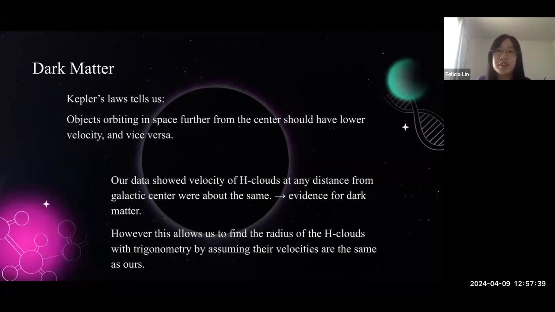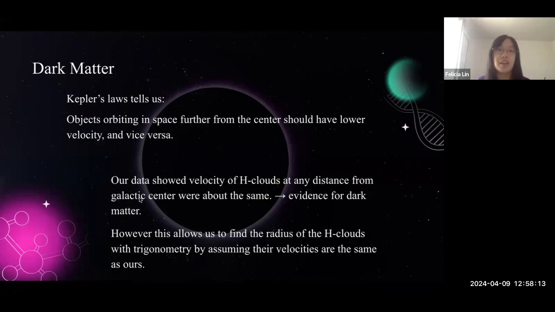Our line of sight would correspond to hydrogen clouds that are traveling away from us at different radiuses. But these hydrogen clouds are all traveling away from us at about the same speed, which is very weird, because that would only happen if there is some sort of dark matter that is making the whole galaxy heavier, but we can't see or detect it at all.